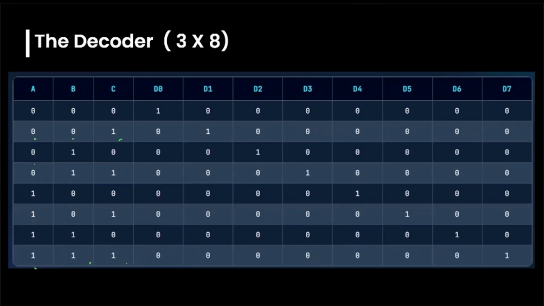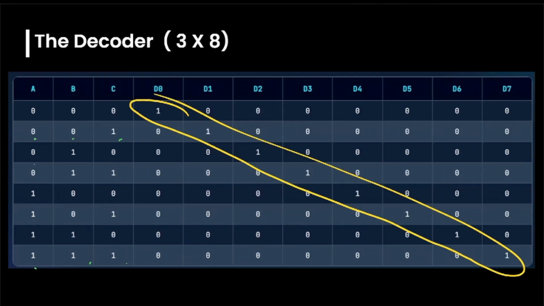And the same thing that you did in the previous one, you get your output 1 in a diagonal manner. For each input, the position of the 1 shifts. Essentially, it comes in a diagonal manner. This is an easy way to remember your truth table.